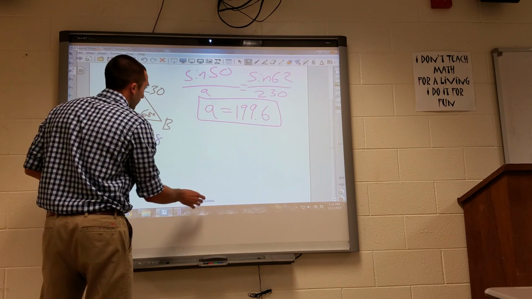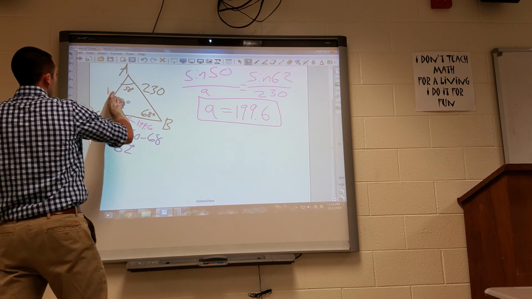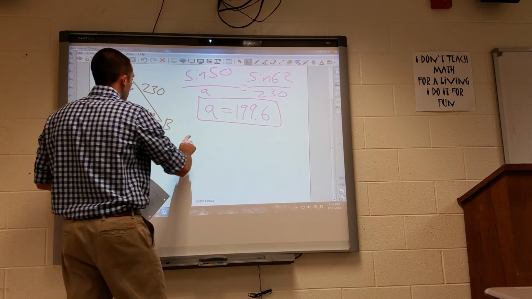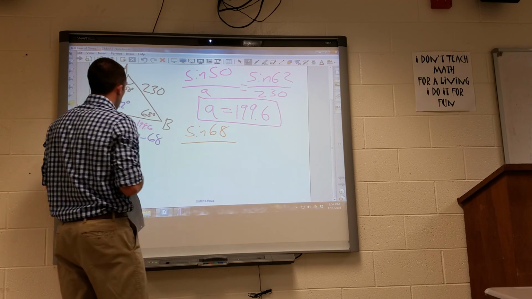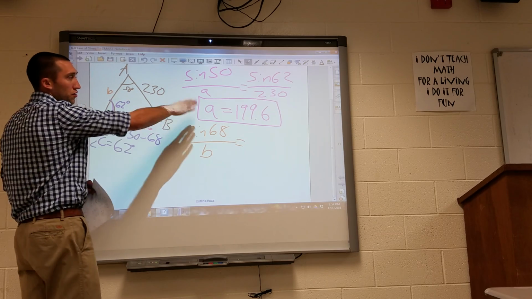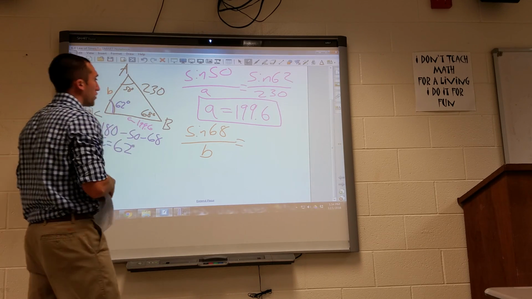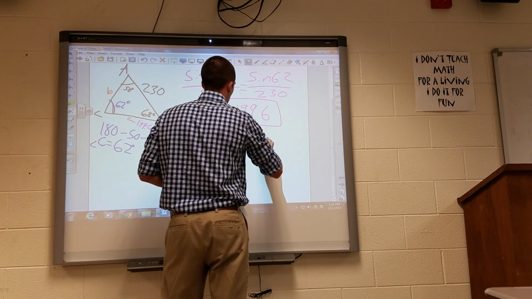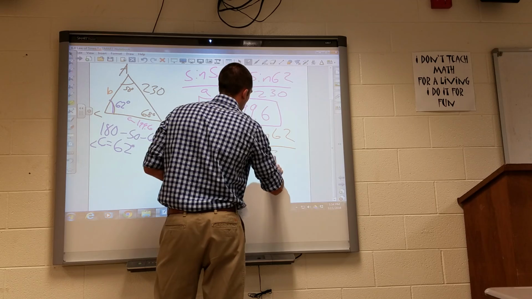Then let's go ahead and solve for side B. So we get sine 68 over side B, which is what we're looking for. We're not going to use side A because it was an estimated figure. We're going to go with what we know exact. So we're going to say sine 62, that's angle C, over 230.